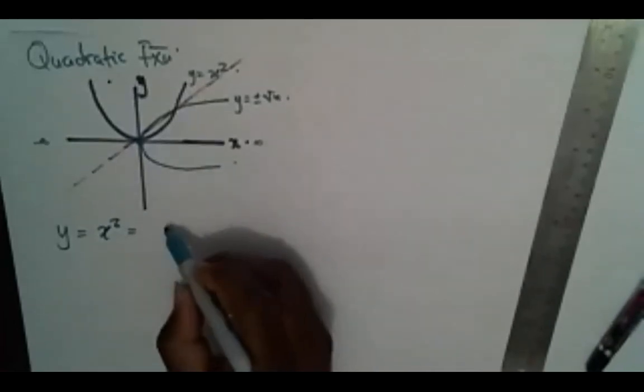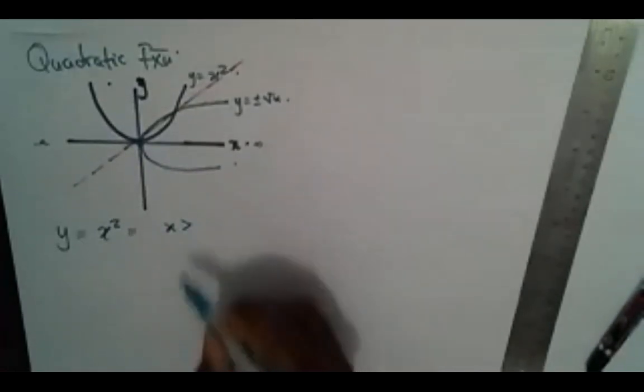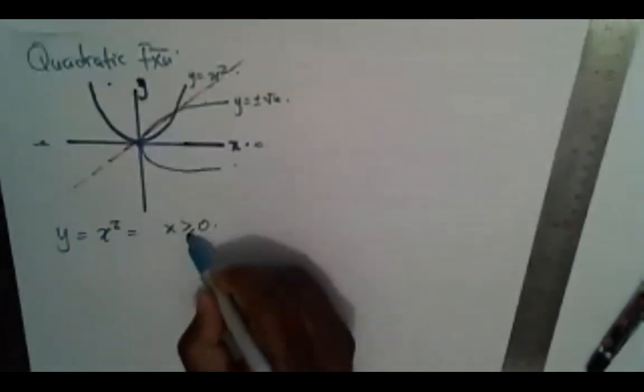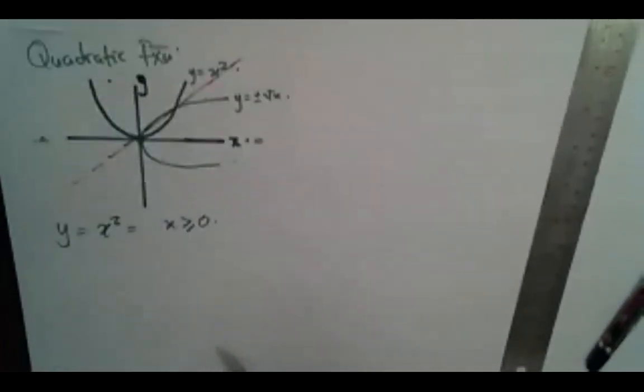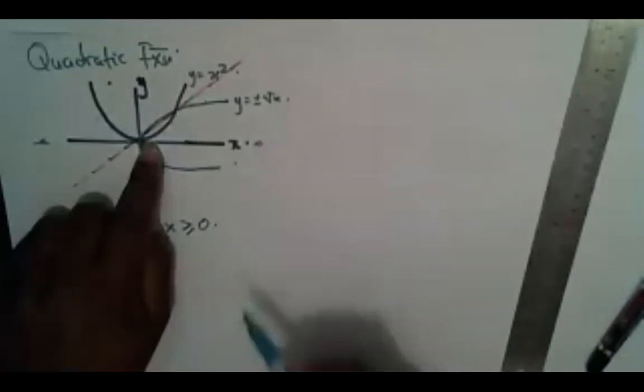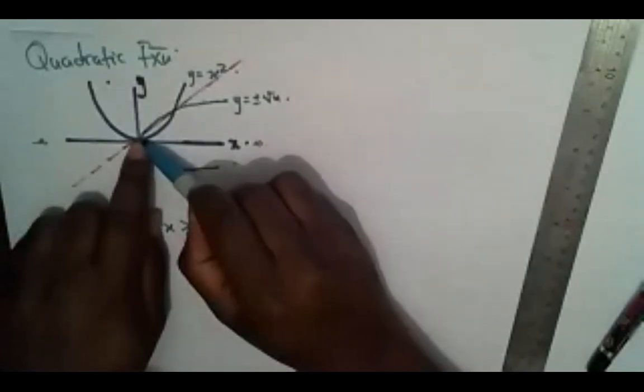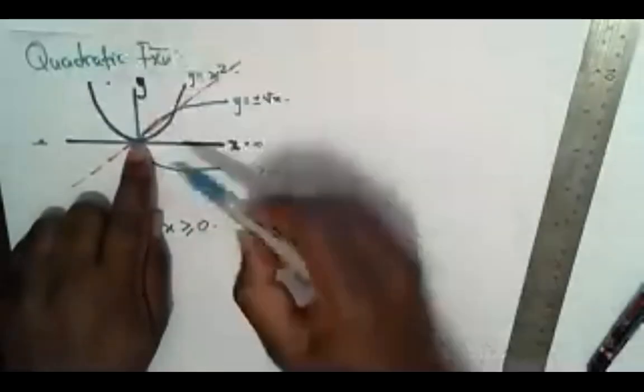My domain, I say x is greater than or equal to 0. So I'm starting from here. It means I am talking about this arm only, from there to there. I'm not talking about this one, I am talking about this.